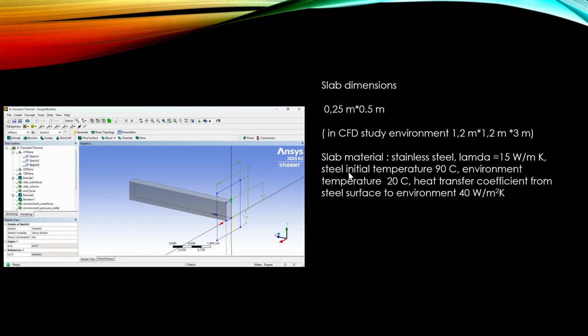The material of this slab was stainless steel, so the lambda value was 15 watts per meter Kelvin, and I used an initial temperature of 90 degrees C and assumed the environment to be 20 degrees C. For the heat transfer coefficient from the surface of the slab I used 40 watts per square meter Kelvin.